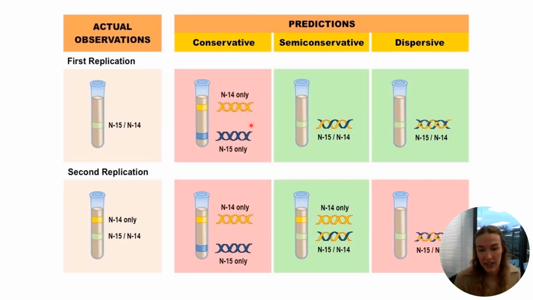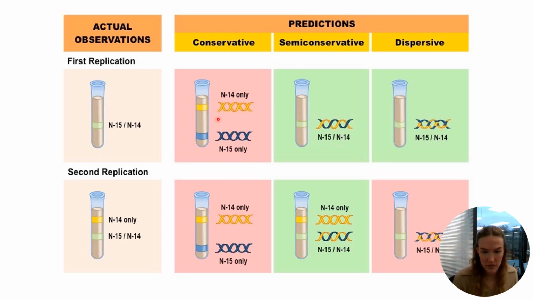Well, let's look at it. Now, generally speaking, what they did is they grew E. coli in nitrogen 15. This is a heavy nitrogen, and so all of the DNA in that E. coli incorporated heavy nitrogen. Then they removed those E. coli cells and allowed them to grow with light nitrogen, N14.